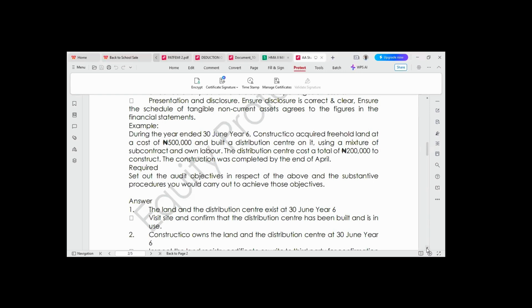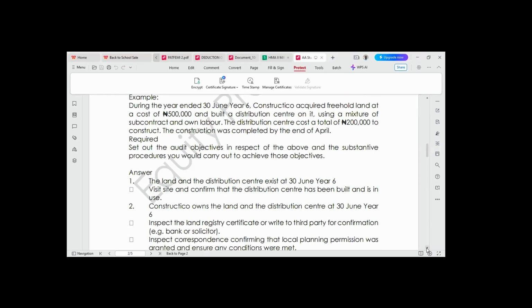Then another thing you need to do: Consortico owns the land and the distribution center at 30th June year 6. So what do you do? You inspect the land registry. You go to the Ministry of Lands and Survey to certify that the land actually belongs to Consortico.